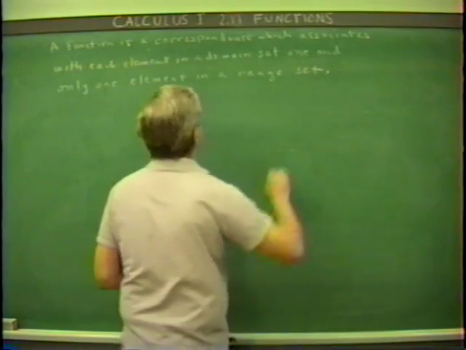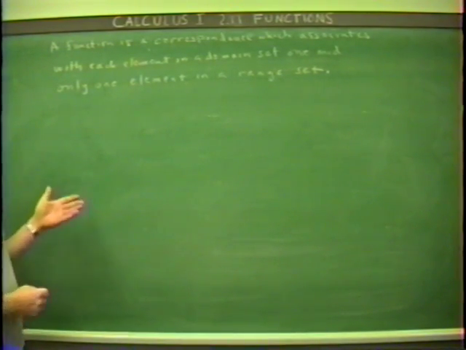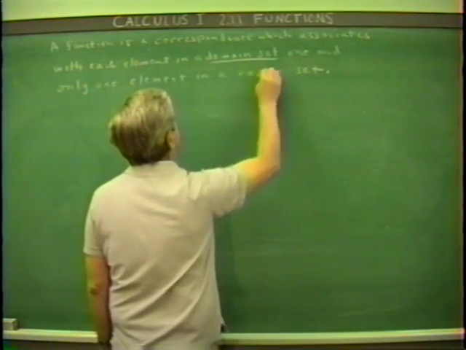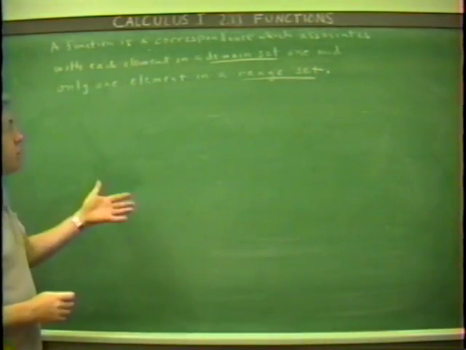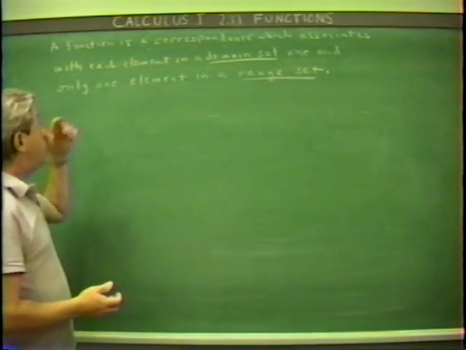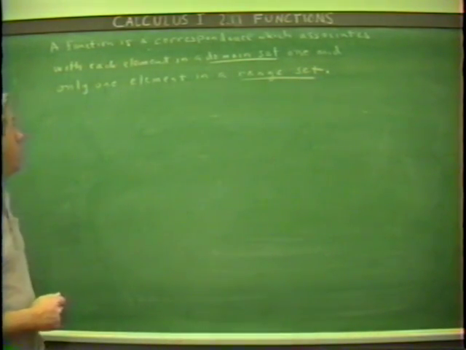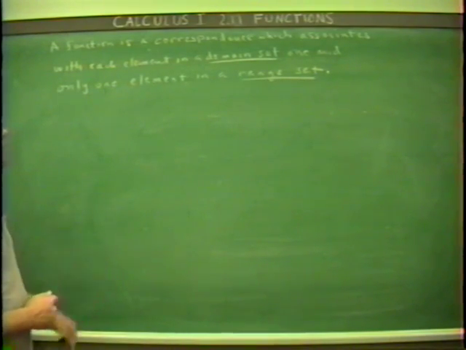That's a function, according to the old definition. And there are some problems with it, major problems with it. There's nothing particularly meant by domain set and range set. The idea basically is that there's one set and another set, and the function corresponds with the elements in this set, a given element in the second set. The first set's called the domain set, and the second the range set.